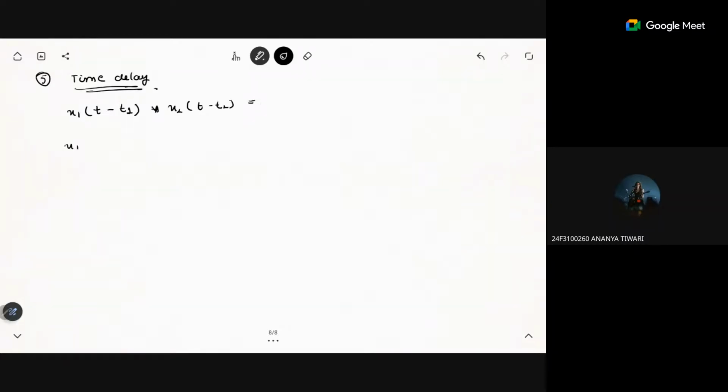You know that x1 of t convolved with x2 of t gives the output y of t. So what will the delay do to this? The output is y of t minus t1 minus t2.